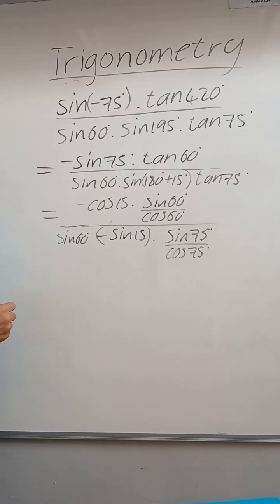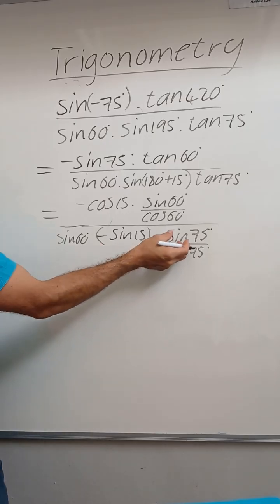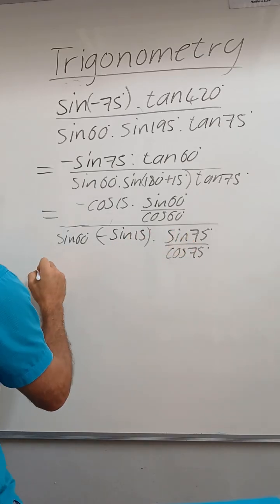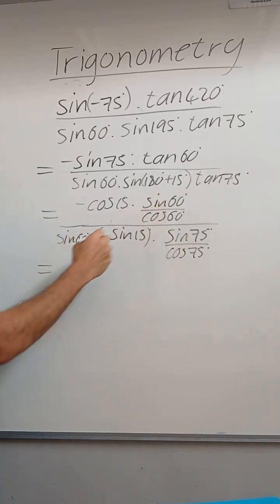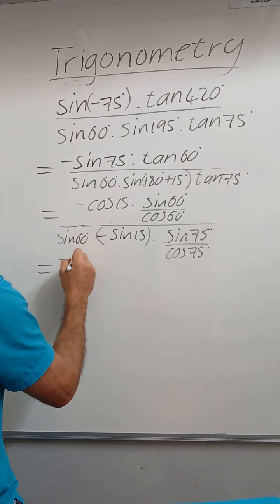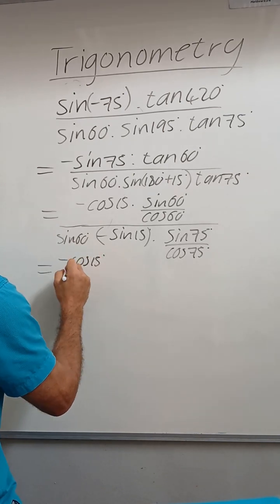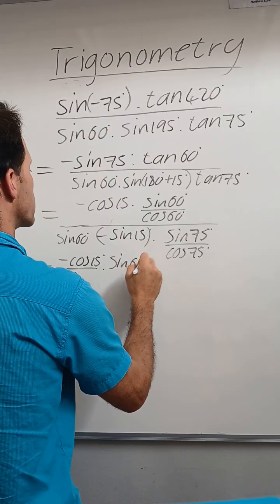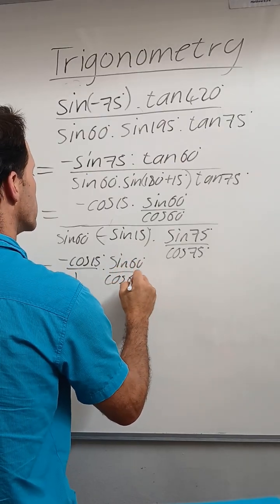Now if you take this one up and you swap it around, then this one stays the same, this one stays the same, negative cos 15 over 1, that one stays the same, sine 60 over cos 60.